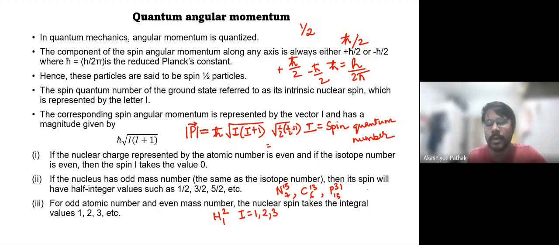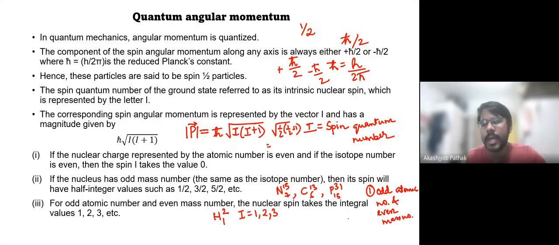What are the three conditions that we discussed? First, a nucleus can have an odd atomic number and even mass number. In that case, it will take integer values 1, 2, 3, and so on.